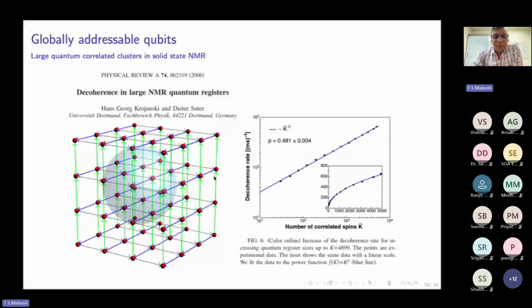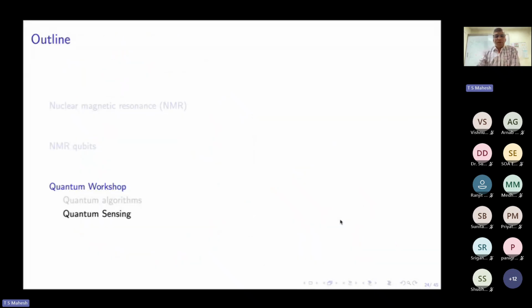These are very interesting problems, and they give very useful insights into the physics of quantum information. Let me stop for a minute. If there are any questions, please feel free to unmute and ask. If not, let me continue.